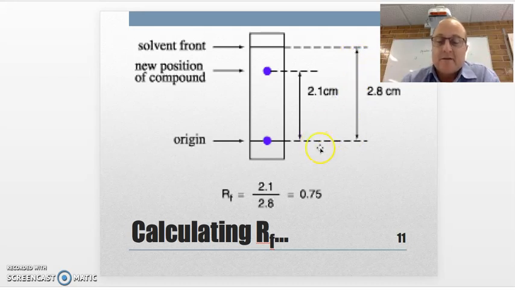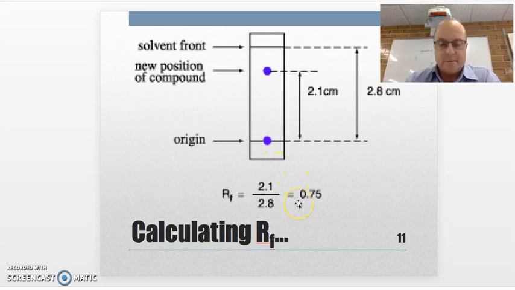So very simply, the RF value is the distance travelled by a component of a mixture before it separates out onto the stationary phase, which is 2.1, divided by the total distance the mobile phase has travelled, which is 2.8. A simple calculation gives an RF value for this particular substance of 0.75.